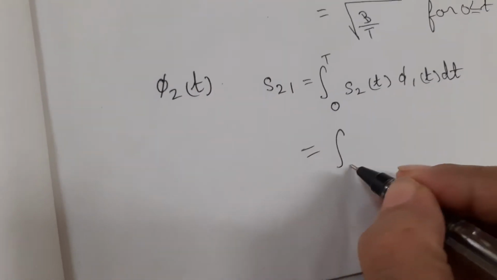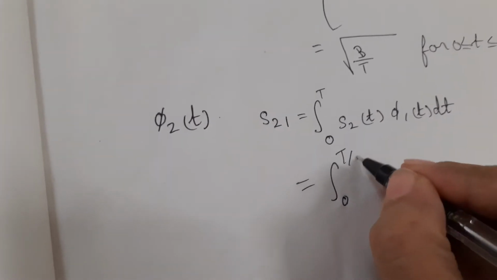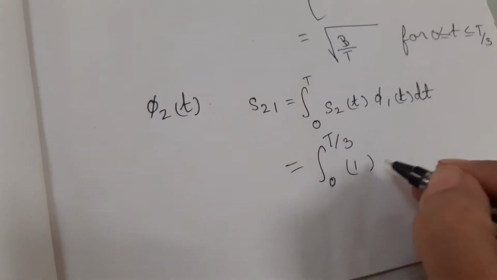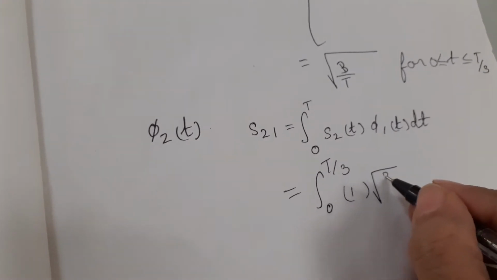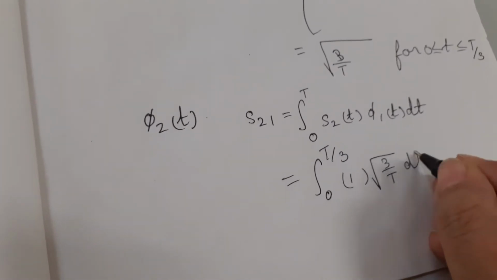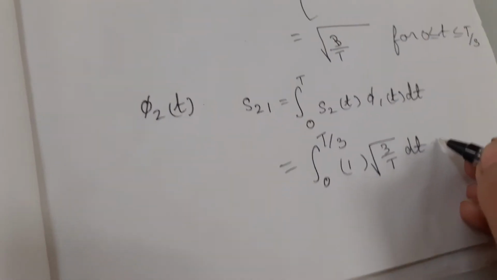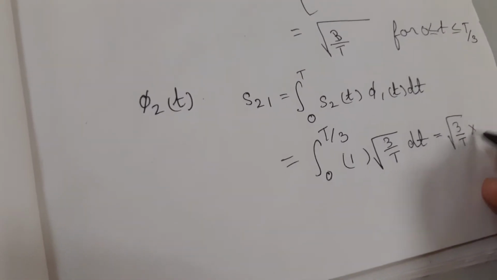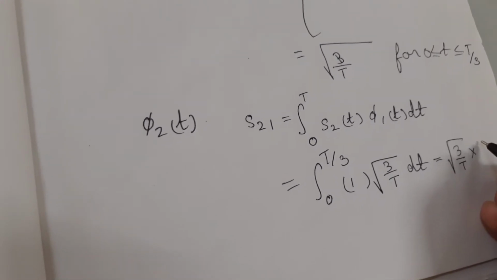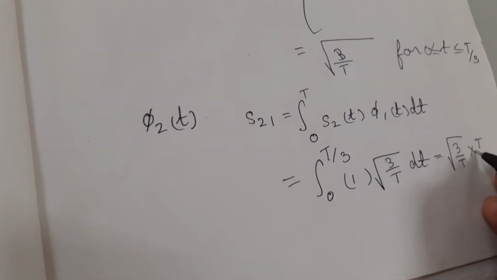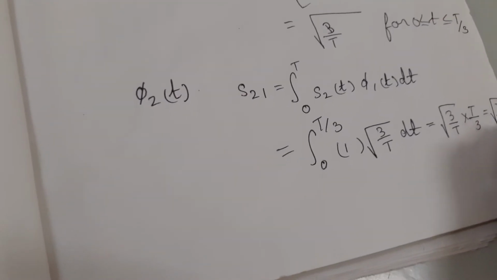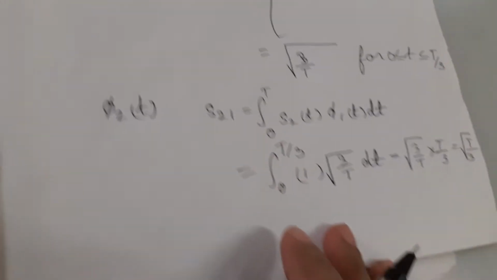So the limits will be 0 to T by 3, S2 of t is 1, phi 1 of t is root 3 by T, dt. So this can be written as root 3 by T into T by 3, equal to root T by 3.